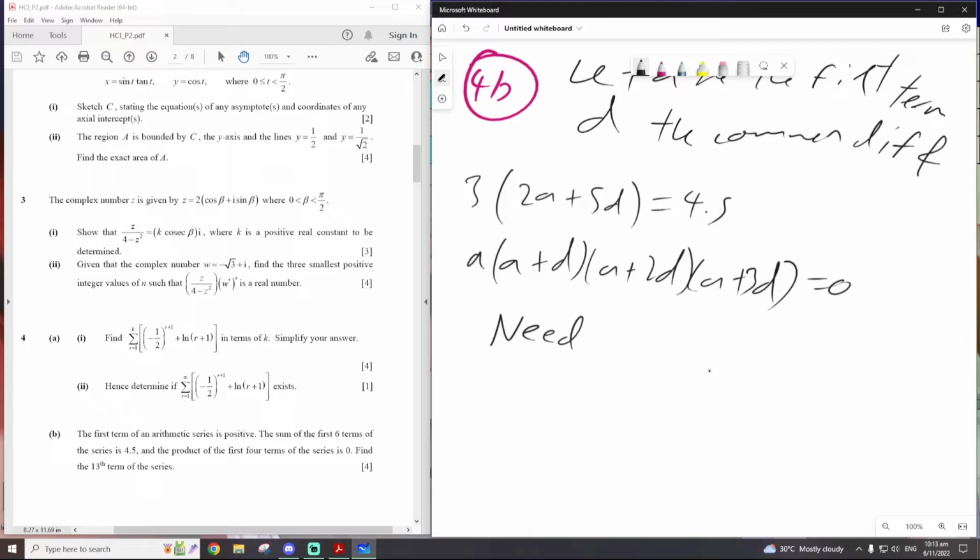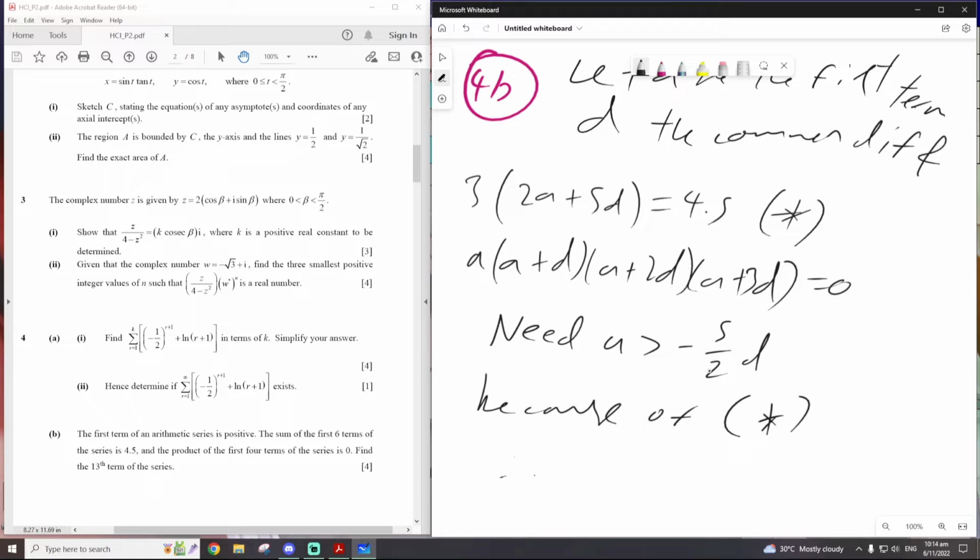We need a to be greater than negative 5 over 2 d because of this one. Because if a is not greater than negative 5 over 2 d, then you're going to get a negative number. So clearly, if you want a to be greater than 0, you need a plus 3d equals 0.